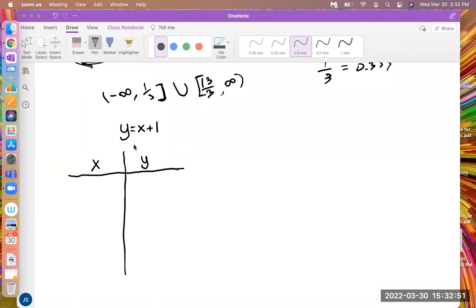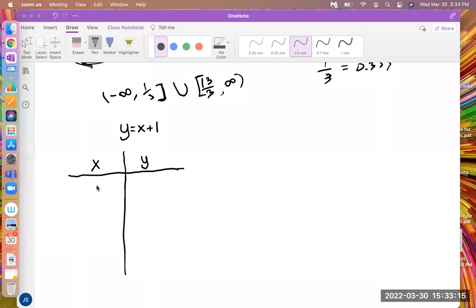So let's first go back a little bit. We're going to go back to Algebra 1, and remember how you used to graph a simple equation like y equals x plus 1, and that whole process. This is the simplest way to graph it, and I call this the table method of graphing.